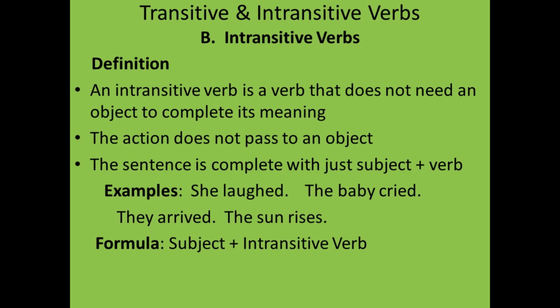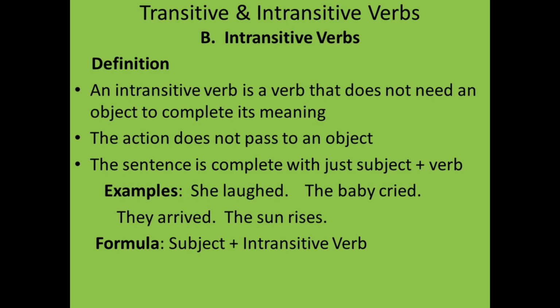The sentence is complete with just subject plus verb, because the receiver of the action is the subject itself, or the subject himself, or the subject herself, and so on.